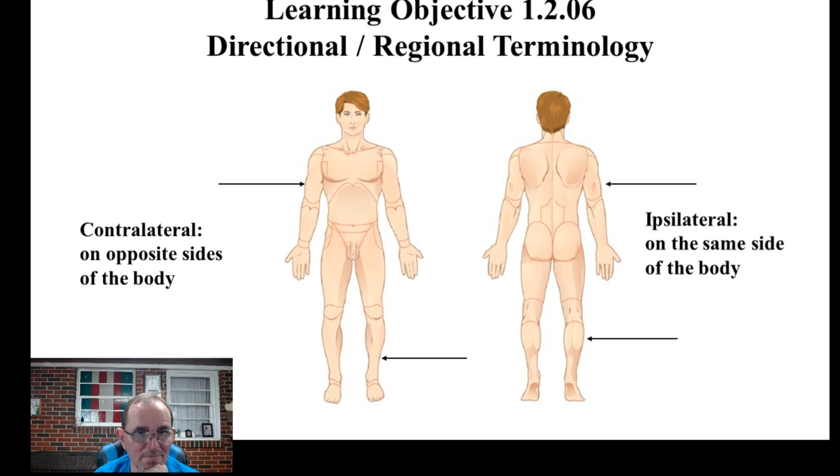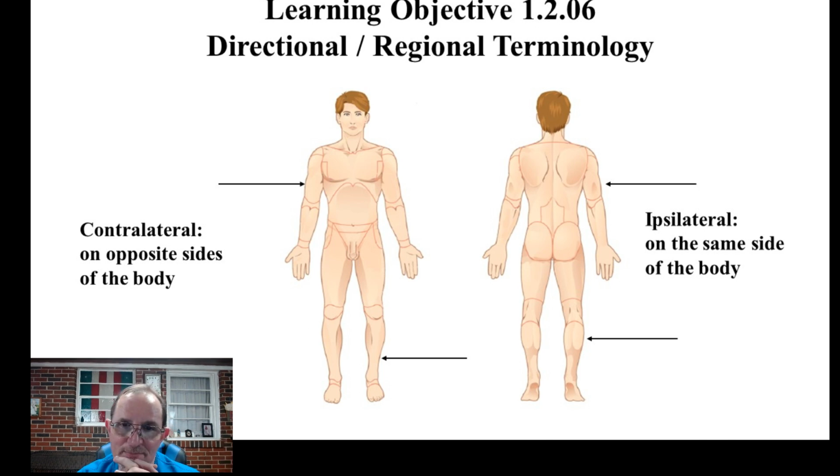Okay, guys. Lateral, we talked about. Now, here's something. If a person comes in with his right arm and his left leg broken, that happens. I could say that those two breaks are contralateral. It just means you're on opposite sides of the body.